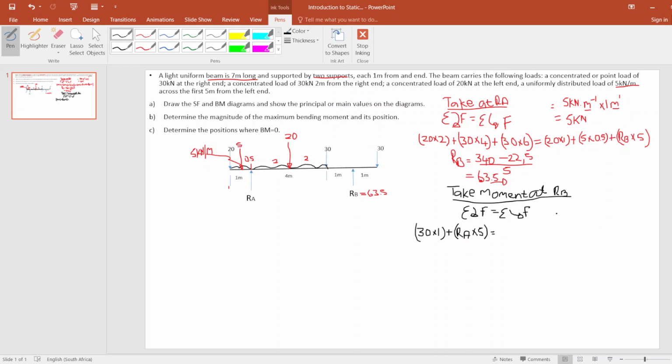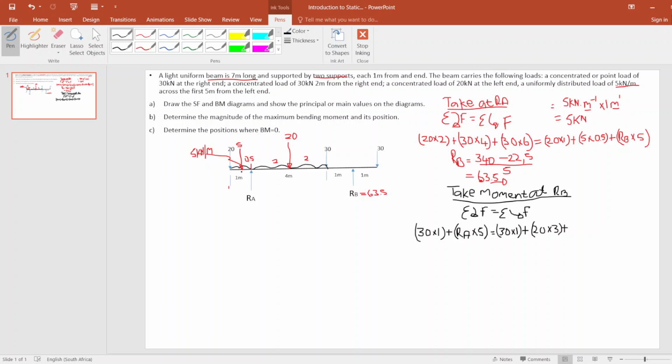Now let's look at the anti-clockwise forces. It is 30 multiplied by 1 plus 20, force 20 multiplied by the distance from here to there, it is 2. That means it would be 3 multiplied by 3 plus 5 multiplied by 5.5.